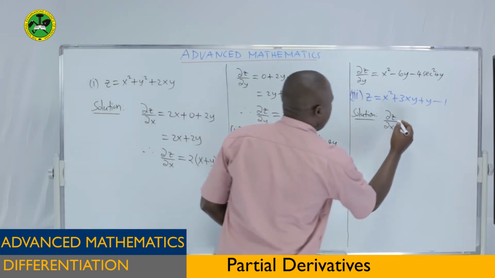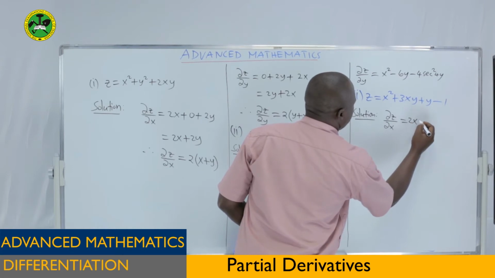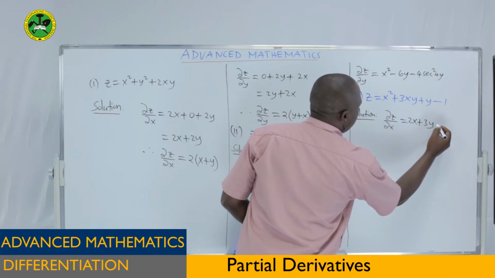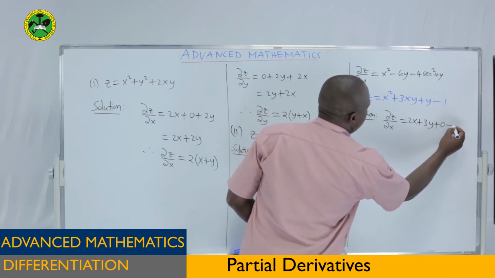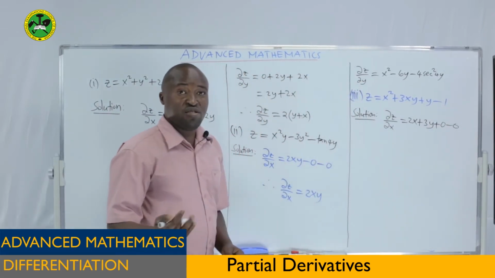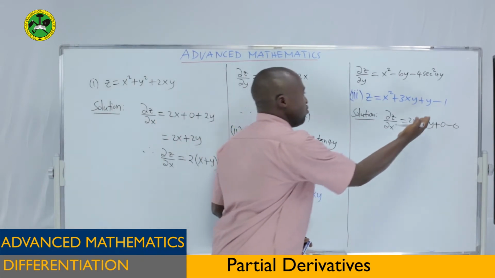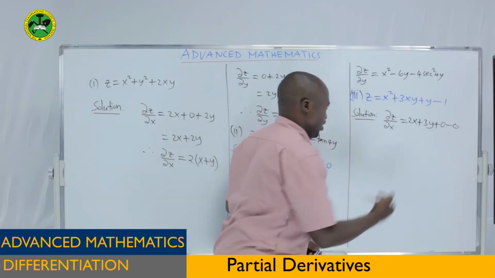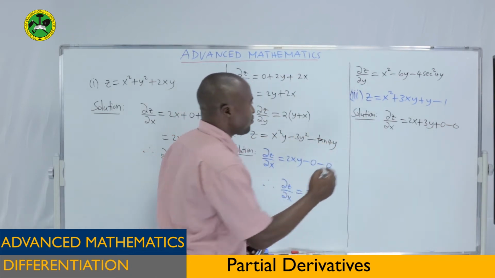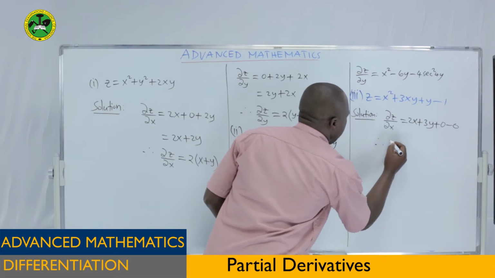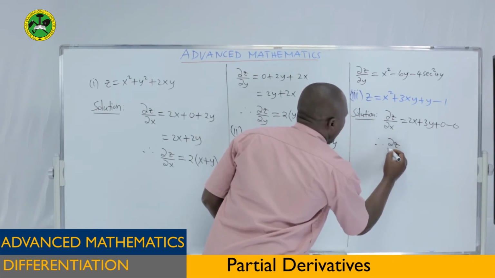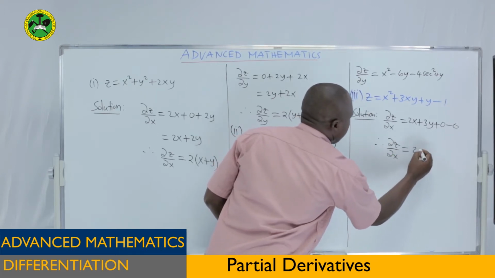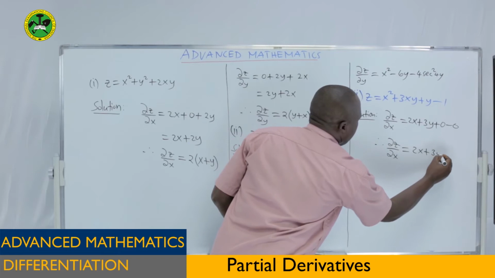So in this case, we have 2x, then plus 3y, then plus 0, minus 0. Because y is constant, differentiating y, we are going to have 0. And again, differentiate negative 1, again we have 0. So here, we say the partial derivative of z with respect to x is equal to 2x plus 3y.